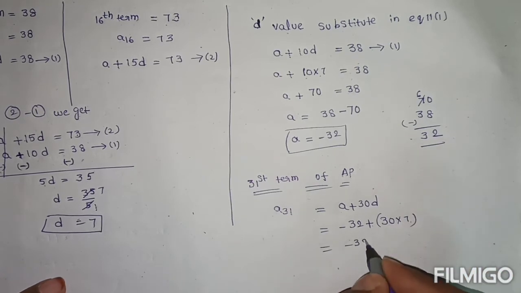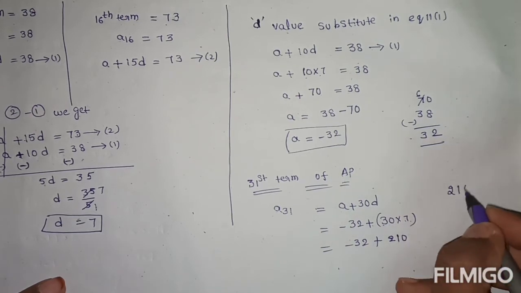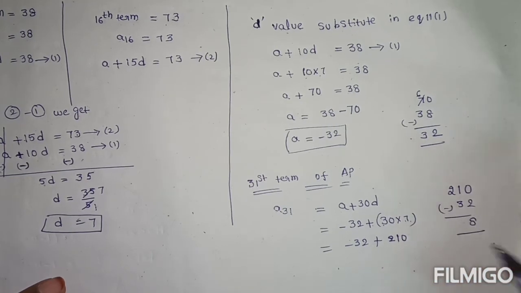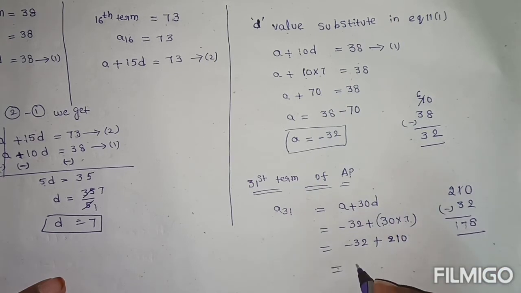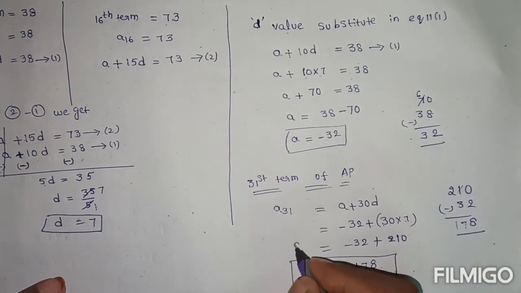Minus 32 plus 210. 30 times 7 is 210. 210 minus 32 is 178. So the A31 term is 178. Okay, write down this problem.